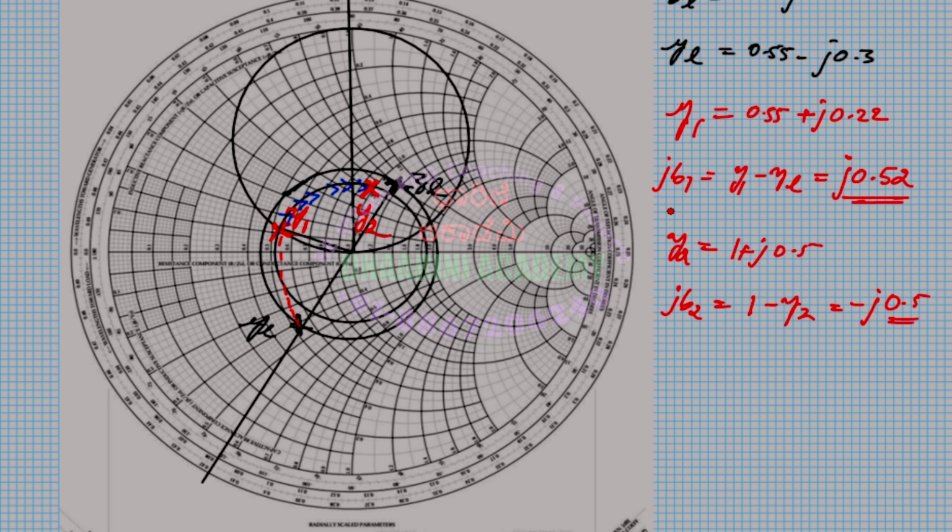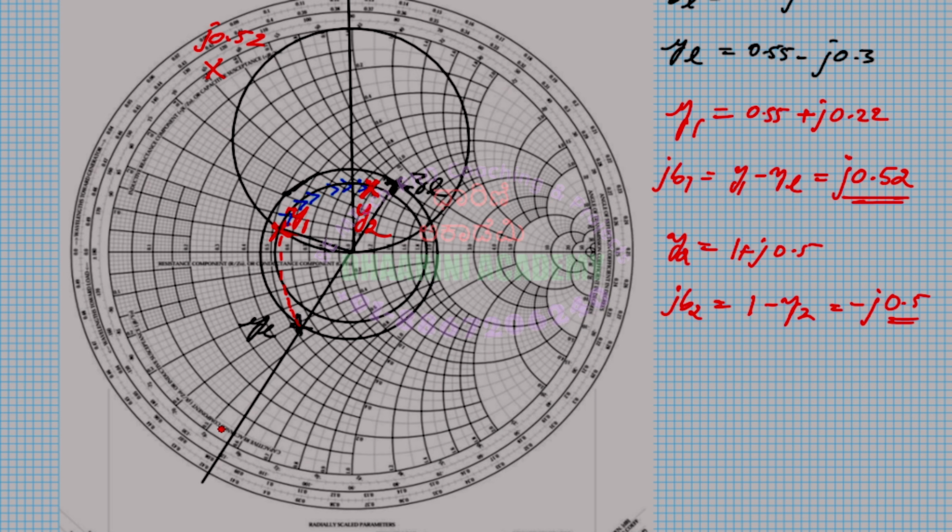So I just have to mark the b1 and b2. One of them is plus j 0.52. So if this is 0, 0.1, 2, 3, 4, 5, 0.52 is somewhere here, correct? So that is j 0.52.